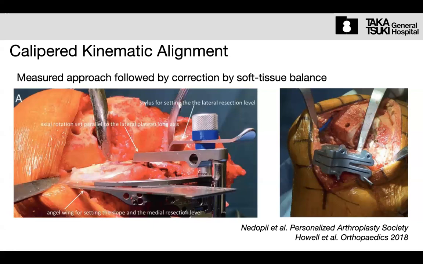We decide the cutting surface in the gap balancing technique.